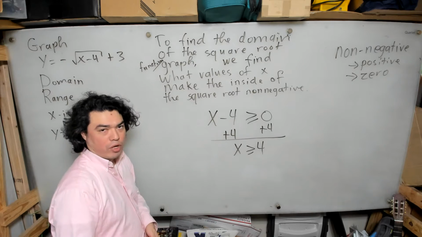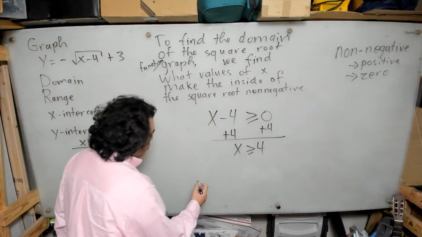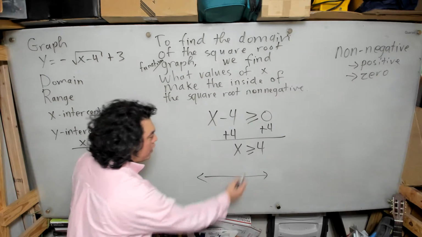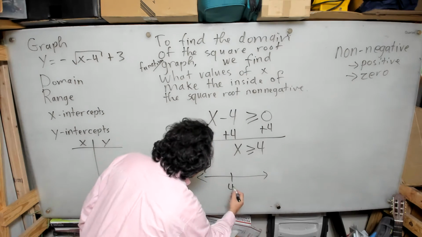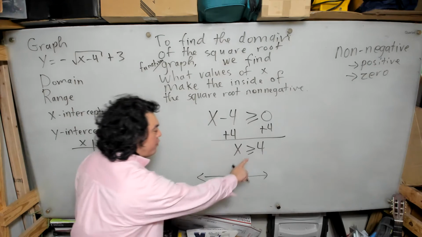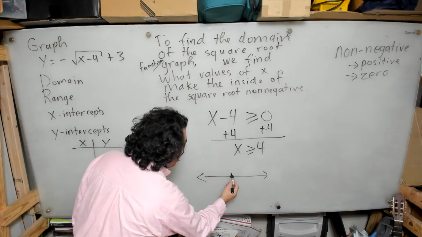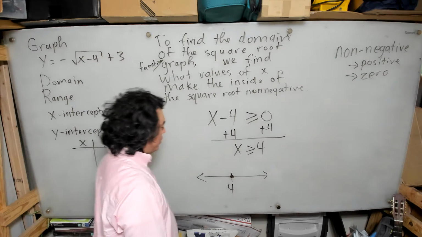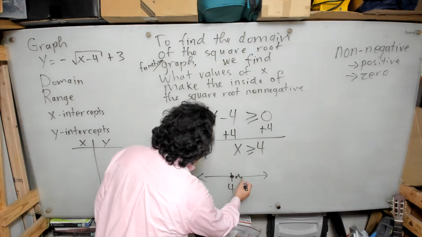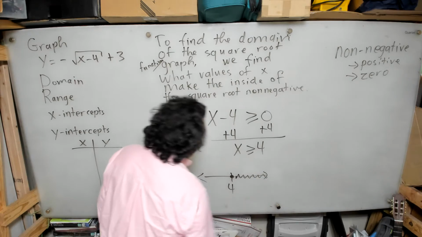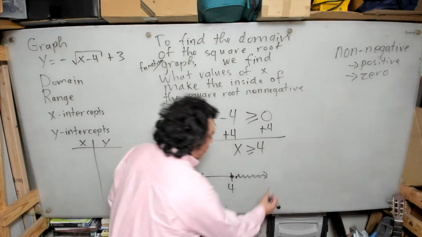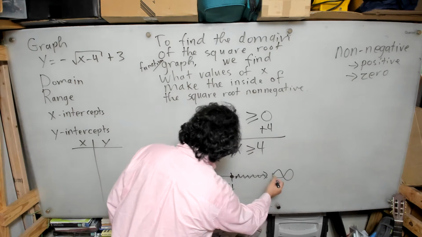Let's draw it on a number line. Here I put my number line. I know it's going to be 4, and I know it's going to be filled in because it's greater than or equal to. Since x is bigger than 4, it's shaded to the right, towards positive infinity.